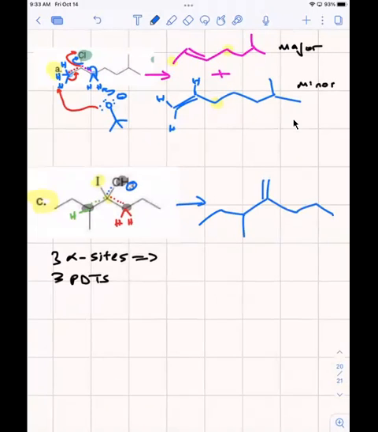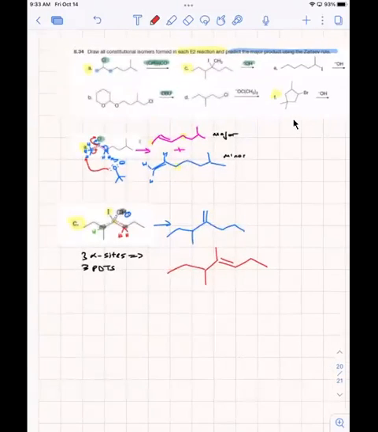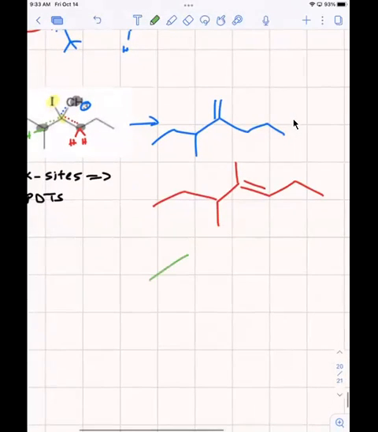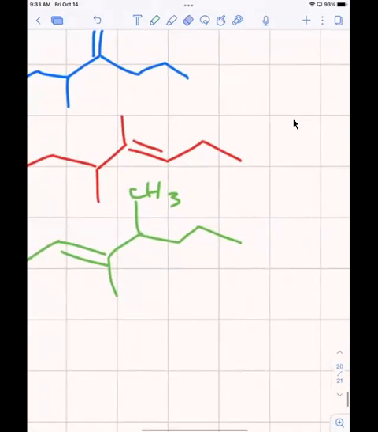And then if we pull off the red proton, that's my product. And if we pull off the green one, that's my product. So you got those 3 products from that reaction.